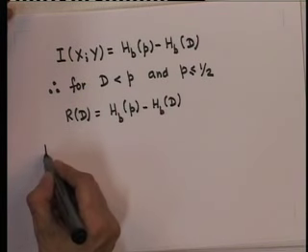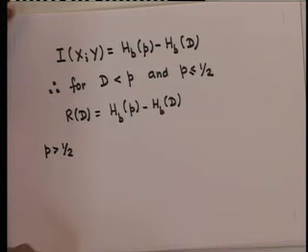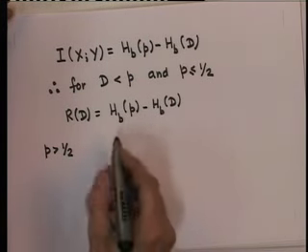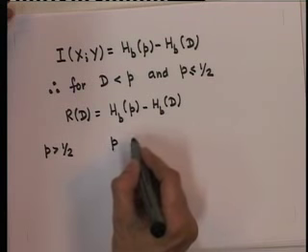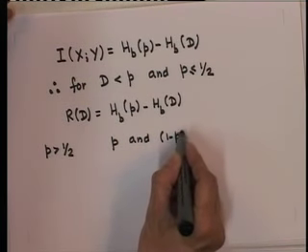Finally, if p is greater than half, then we simply switch the roles of p and 1 minus p.